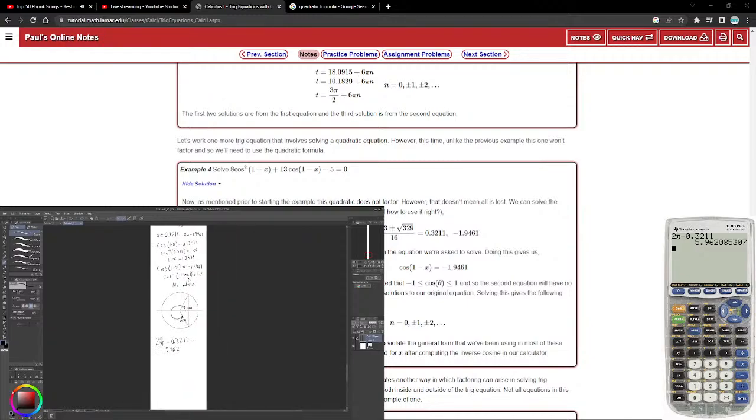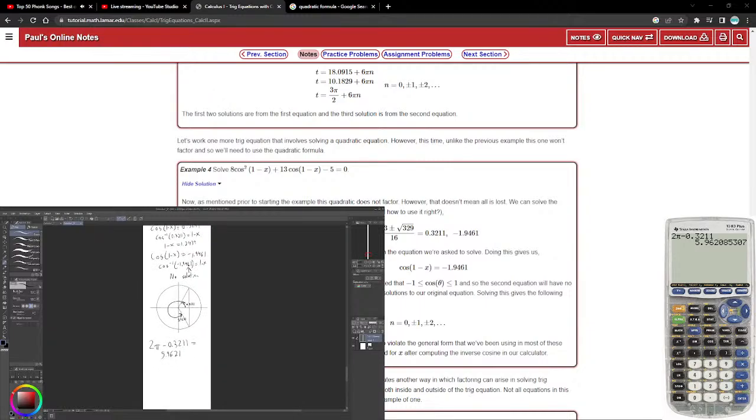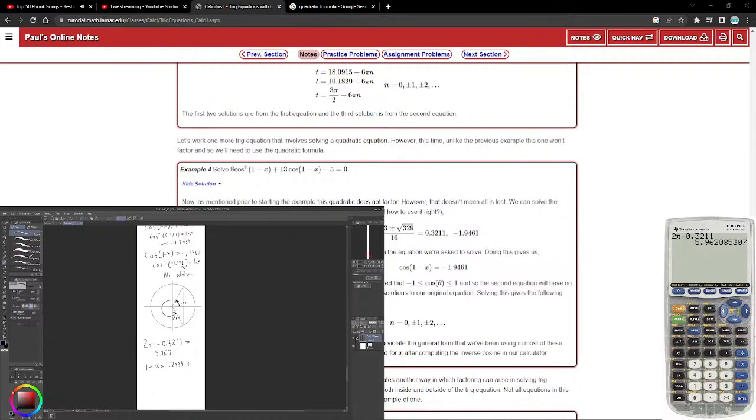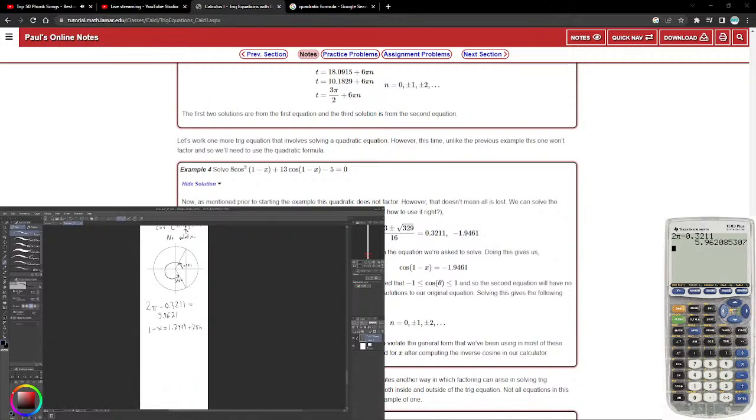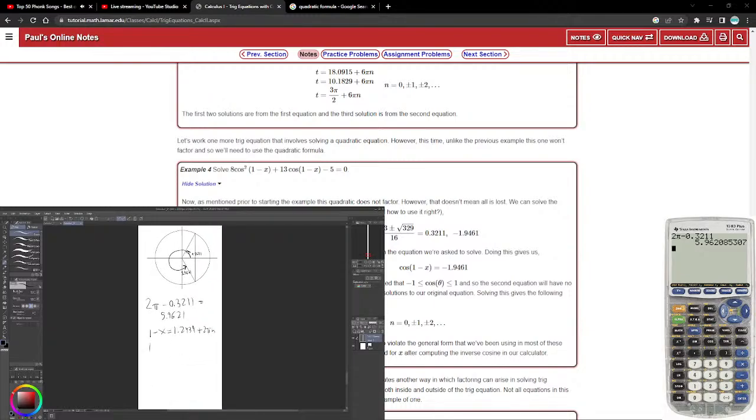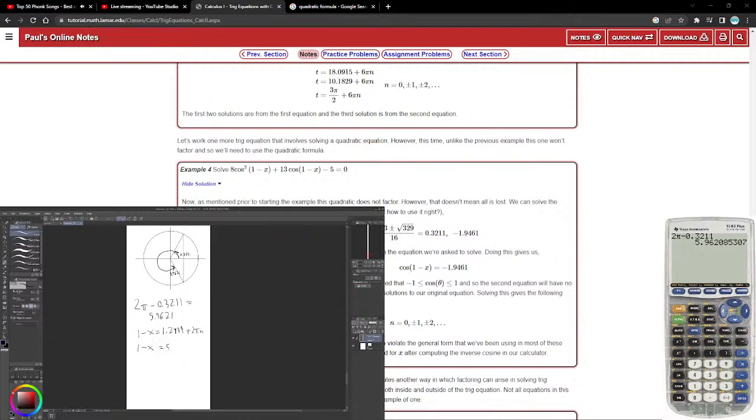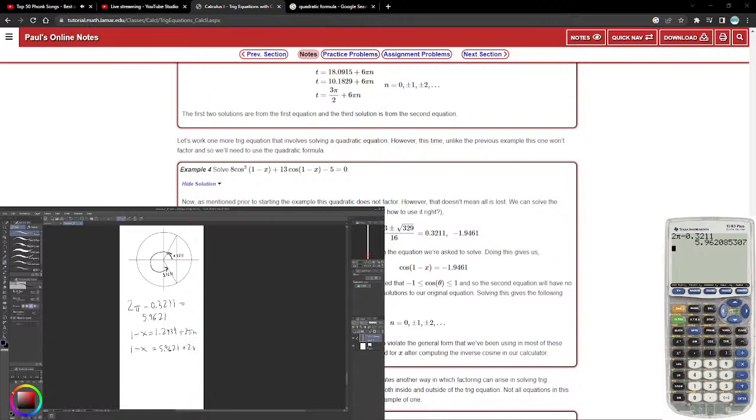So I'll write down the 2 that I have now. 1 minus x equals 1.2439 plus 2 pi n, and 1 minus x equals 5.9621 plus 2 pi n.